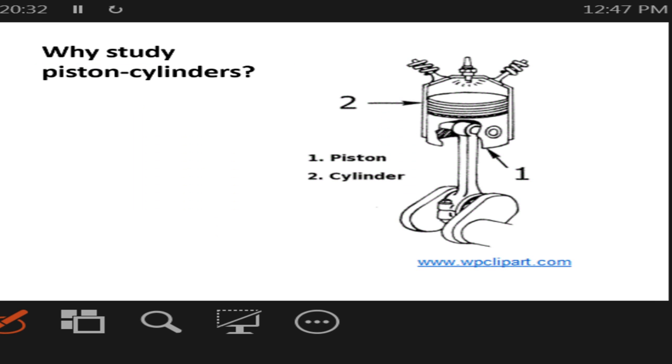Why do we spend a lot of time on pistons and cylinders? Internal combustion engines. I think it's one of the top 10 inventions of all time, right? The Industrial Revolution, internal combustion engine. We use them all over. And you own them. You love them. A lot of mechanical engineering majors want to be mechanical engineers because of the internal combustion engine and automobiles and playing in the garages and stuff like that. So that's why we study those here.